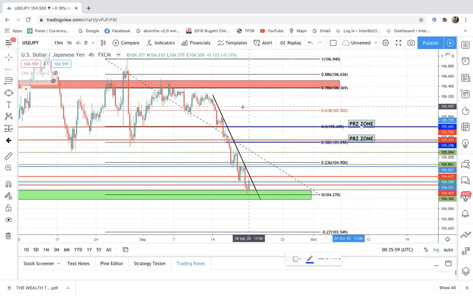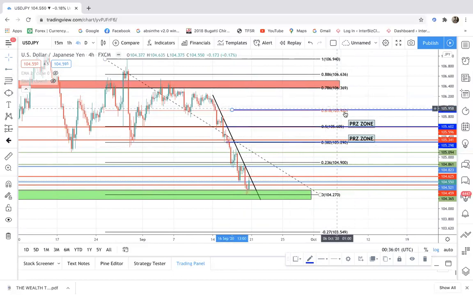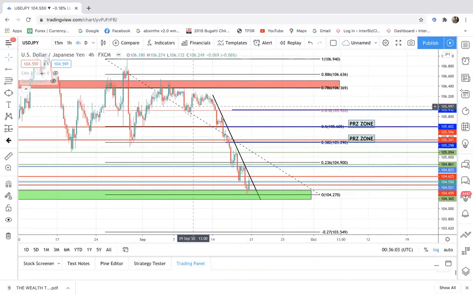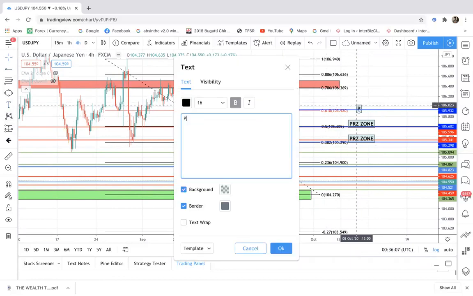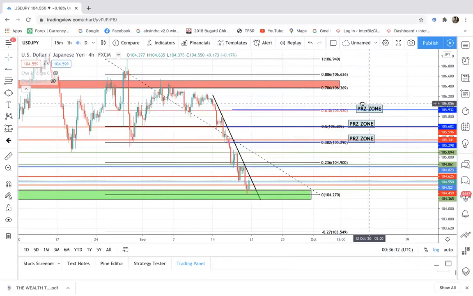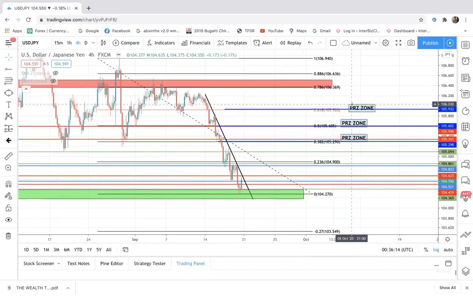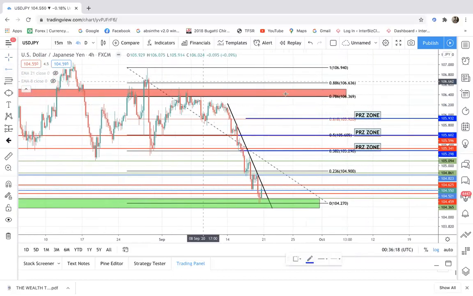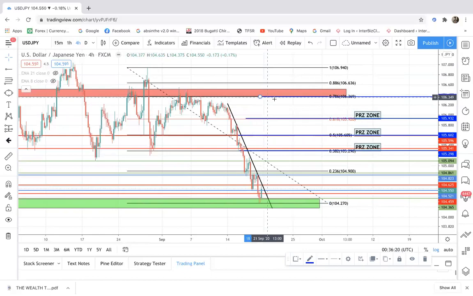The 61.8, and then the 78.6. These are going to be your key PRZ zones.